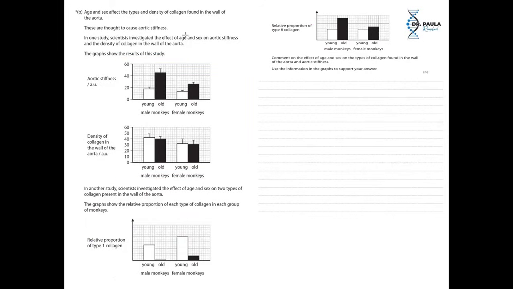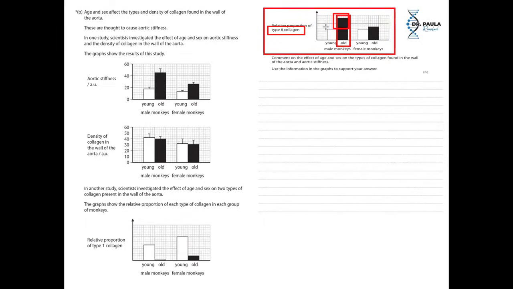Perfect. What about the last graph? The relative proportion of type 8 collagen. You can see here, it's opposite. You can see by age, the relative type 8 collagen increases, whether in male or female, but for sure in male has more increase.